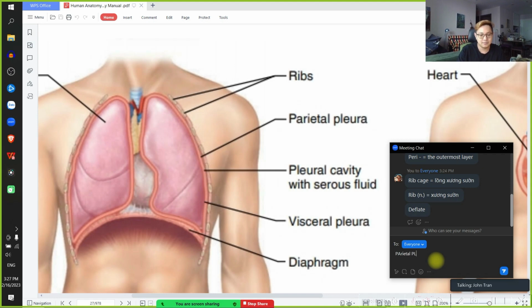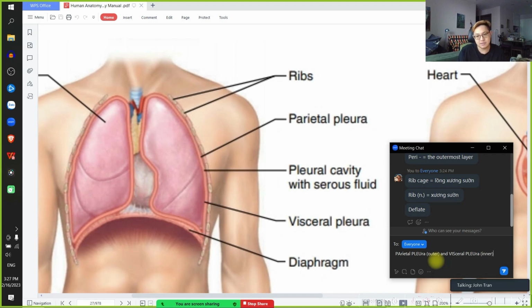Parietal pleura is the outer, and visceral pleura.